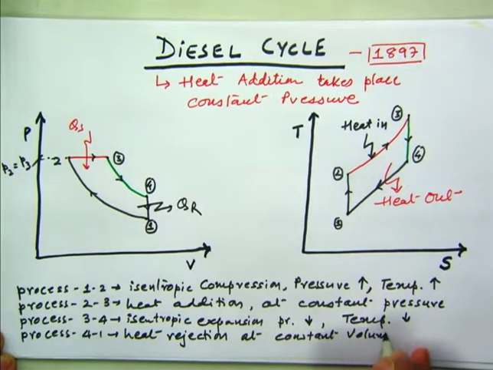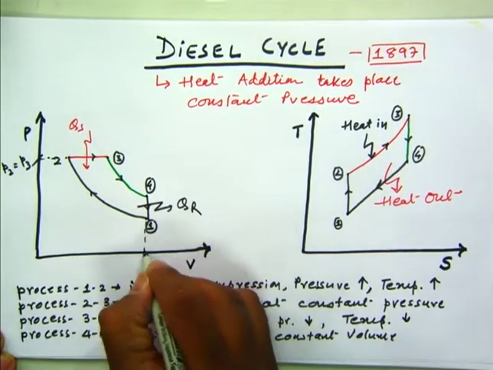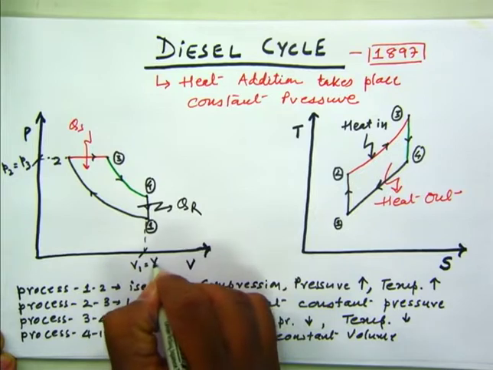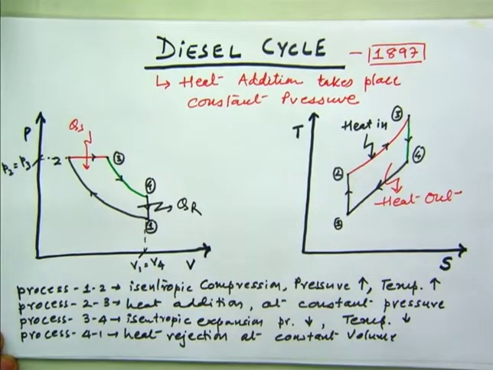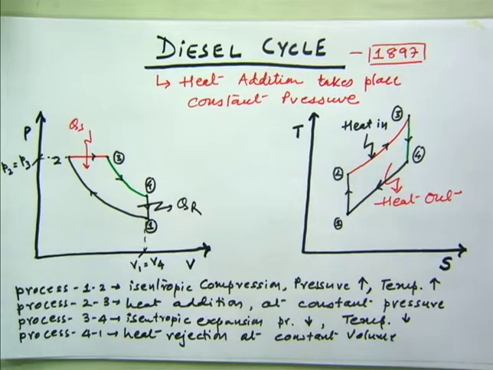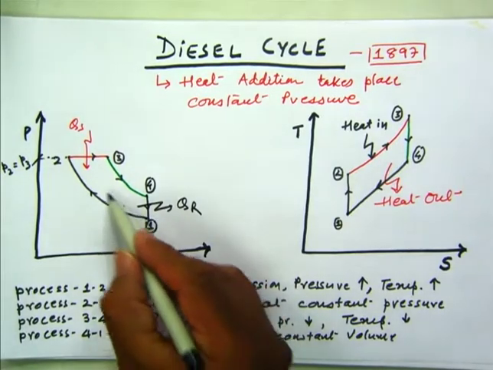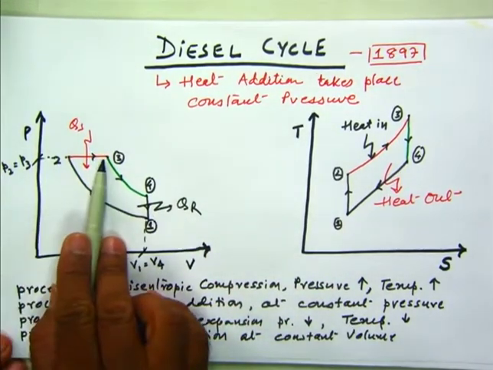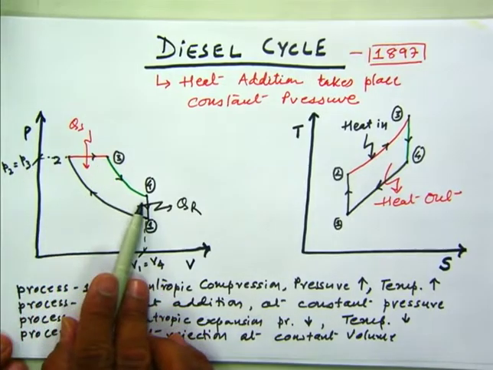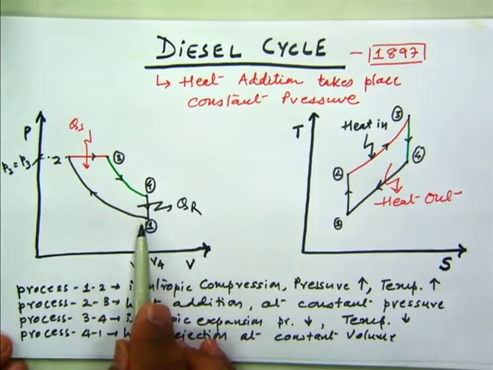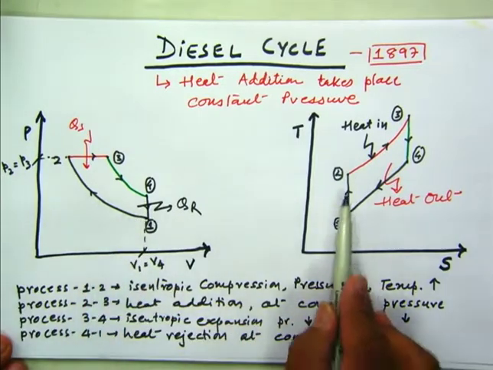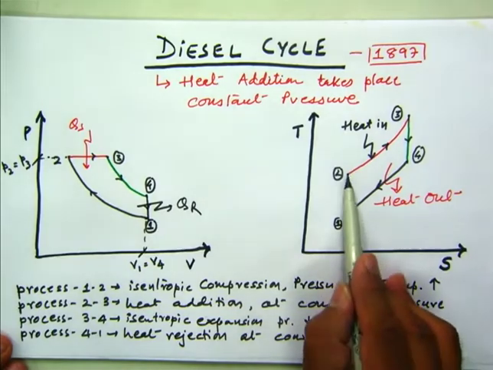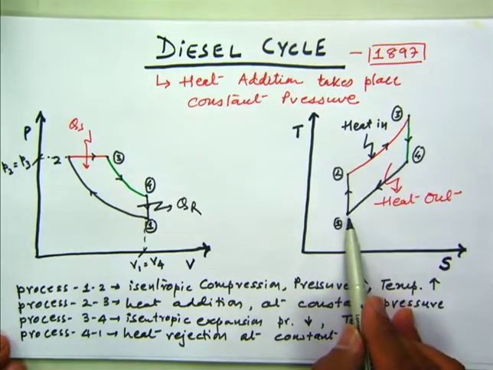You can see the volume remains constant, V1 is equal to V4. So we have seen the diesel cycle, where process 1-2 is the isentropic compression process, 2-3 heat addition at constant pressure, 3-4 isentropic expansion, 4-1 heat rejection. The same cycle on the temperature entropy diagram: 1-2, 2-3, 3-4 and 4-1.